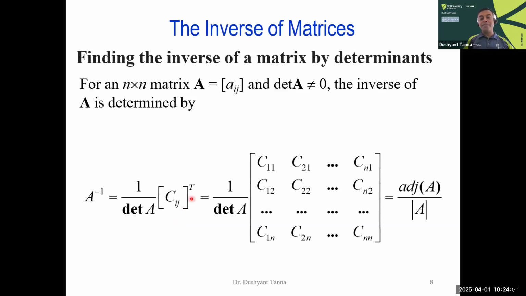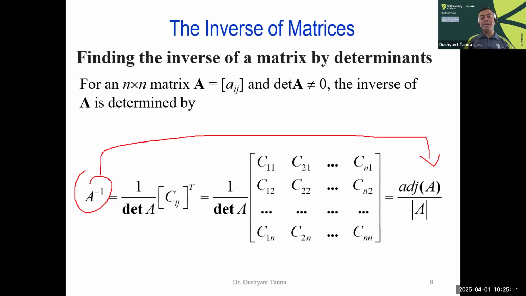Okay, and its transpose. So you find the cofactors, replace them in the matrix, take the transpose. That's what we call the adjoint of A. So the definition for A inverse is equal to adjoint A over determinant A. These are intermediate steps, which we will surely do, at least when we are learning it. Okay, right.